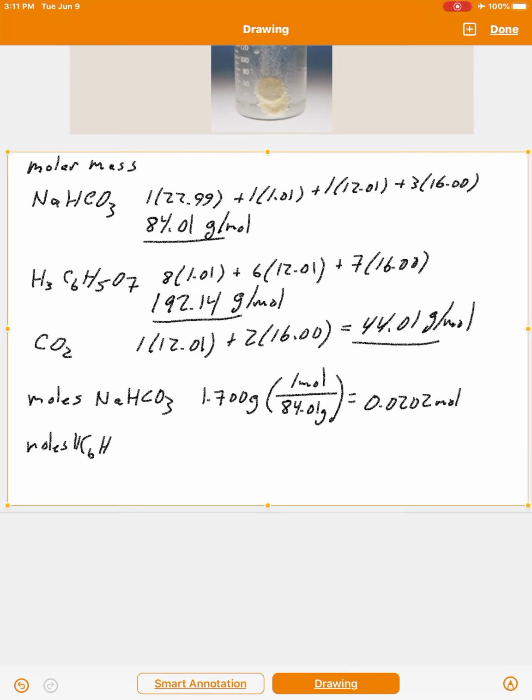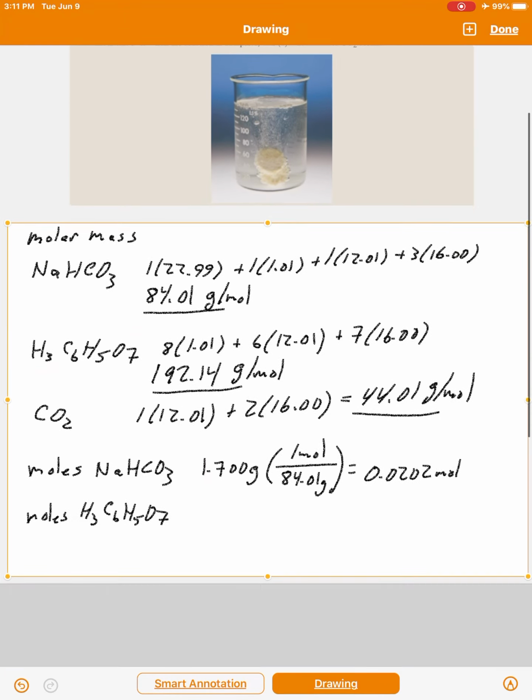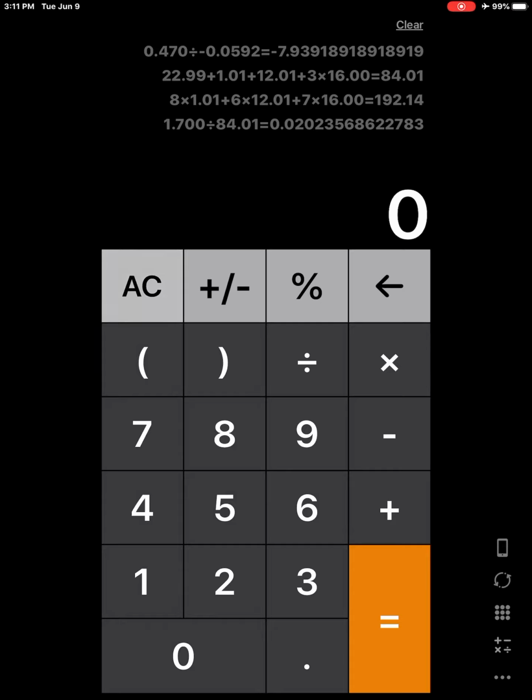Oops. Let's redraw that. So the mass is only 1 gram. And 1 mole of that substance is 192.14 grams. So 1 gram over 192.14.